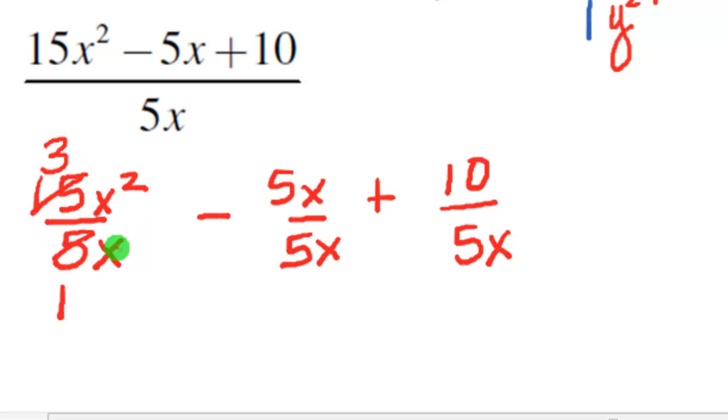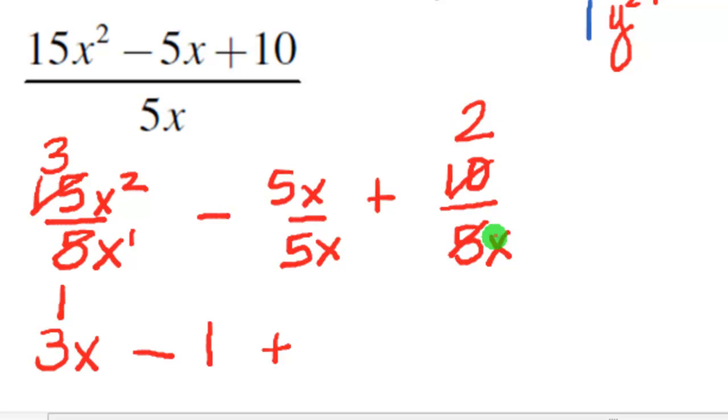And x squared divided by x to the first, we're going to subtract. The larger exponent is on top, so that's going to stay on top. So we get 3x for the fraction, minus 5x divided by 5x is 1, plus, and now 5 goes into 10 twice. We don't have any more x, so that x stays down there. So we write 2 over x.